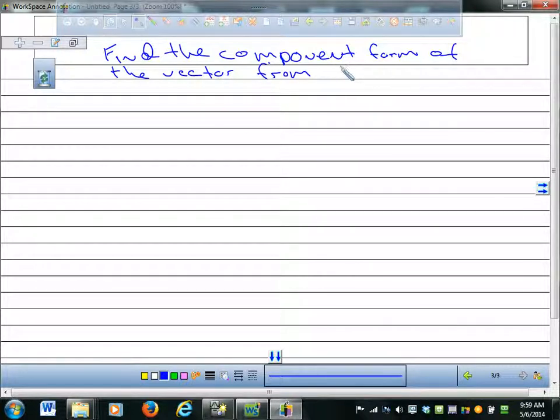Find the component form of a vector from the points, and notice these are curvy parentheses because these indicate points: (2, -4, 1) and (5, 7, 0), and then find the magnitude and unit vector.